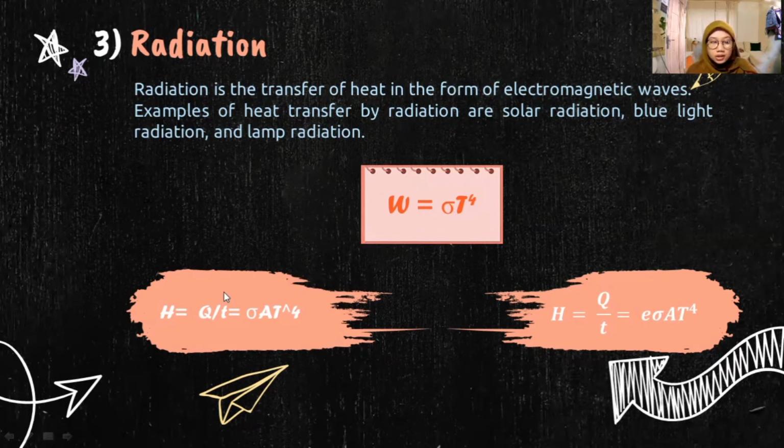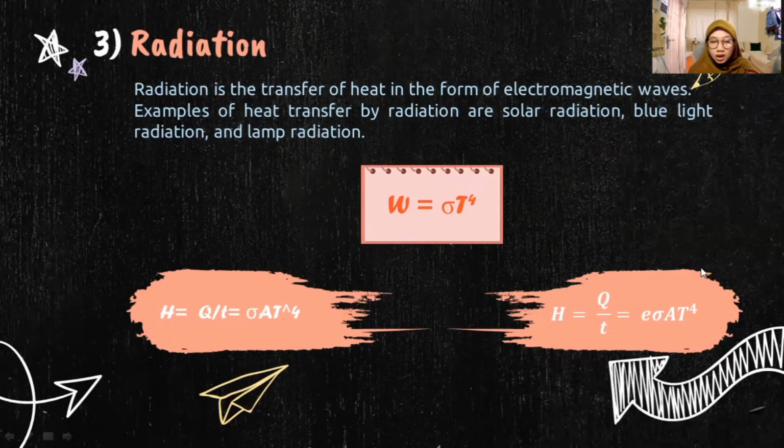And the energy emitted per unit time is defined as H equals Q divided by T equals sigma times A times T to the power of 4.